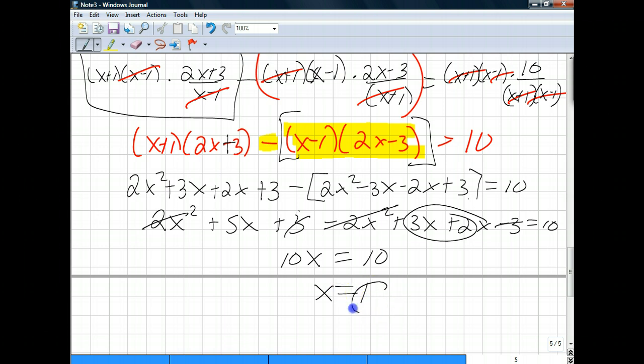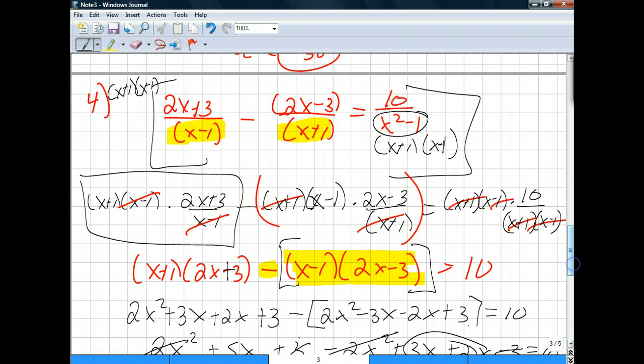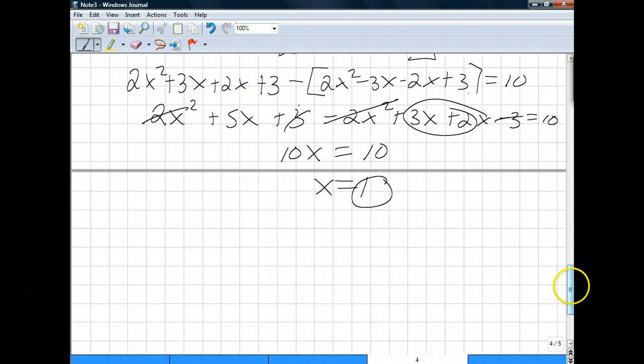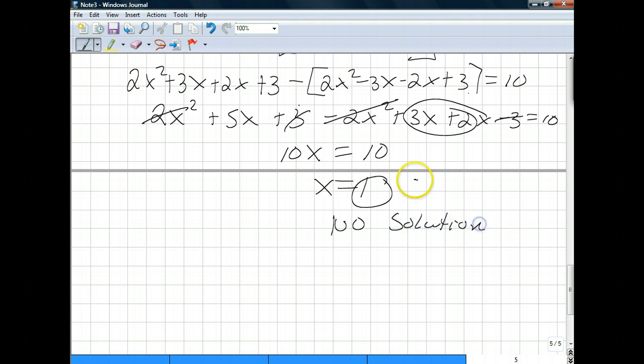But notice that if I put this 1 in the original problem, 1 is not in the domain because it gives me 0 in the denominator. So this one is no solution because we have to reject that number because it's not in the domain.